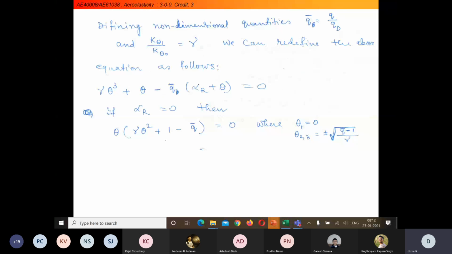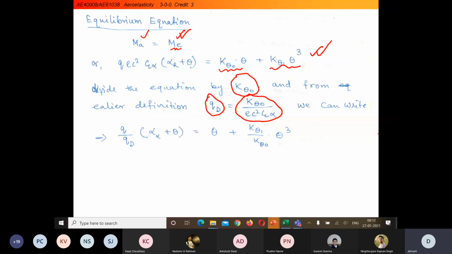Now whatever we have defined, q bar is equal to q by q divergence, and k theta 1 by k theta naught we are taking as gamma.